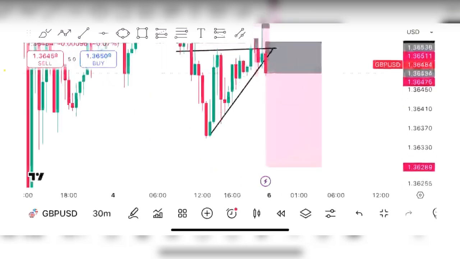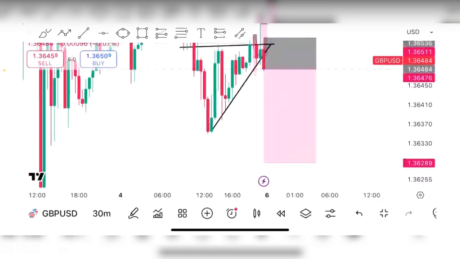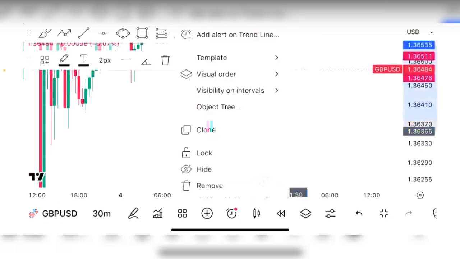But the market is closed, that is why this trade is not running. Now that I have this bearish engulfing, I am fully confident to start selling from here to the downside. Let me clear this out so you can see it perfectly fine.